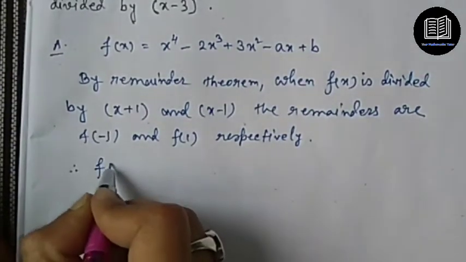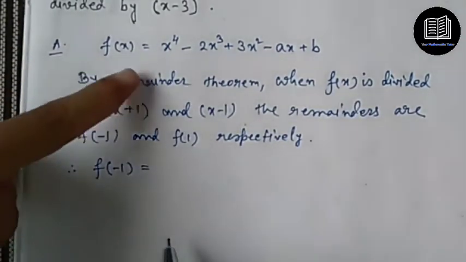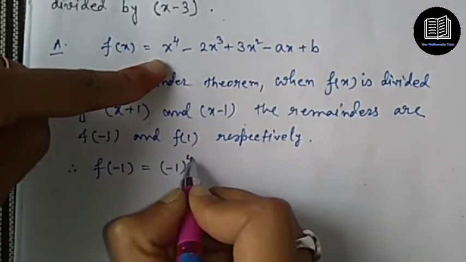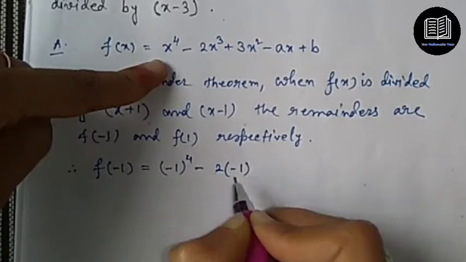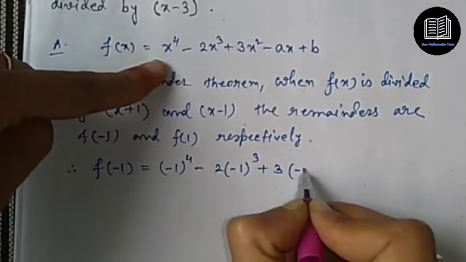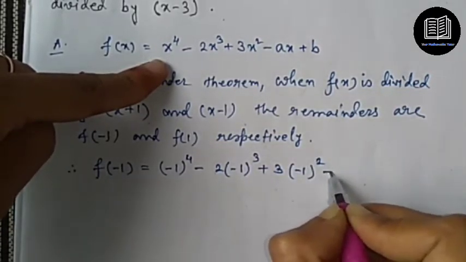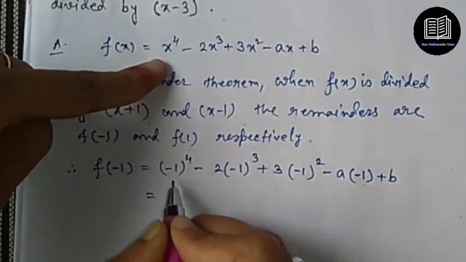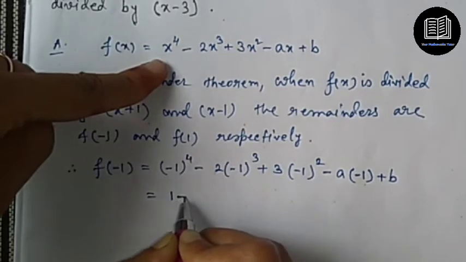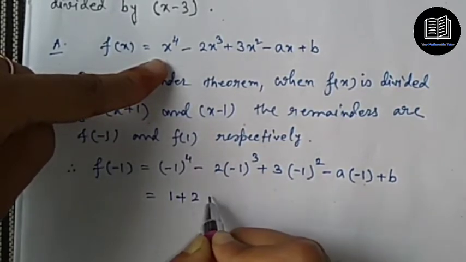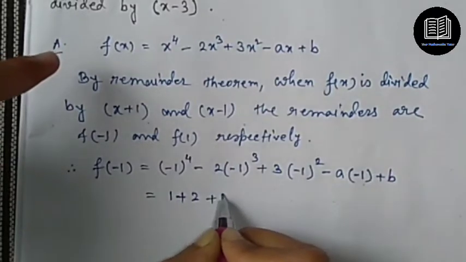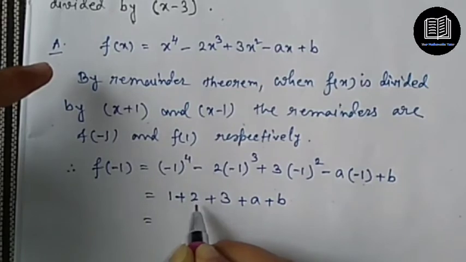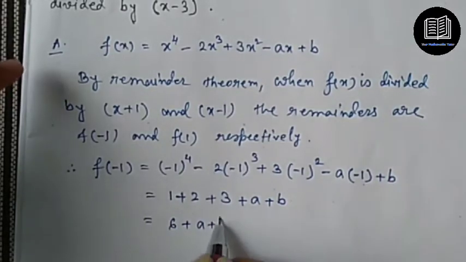So f of minus 1 equals, from f(x) we get, minus 1 whole to the power 4 minus 2 into minus 1 whole cube plus 3 into minus 1 whole square minus a into minus 1 plus b. That is 1 plus 2 plus 3, plus a plus b. That is 6 plus a plus b.